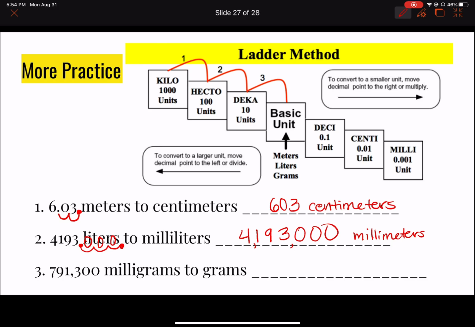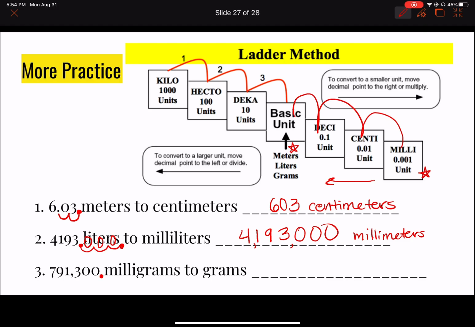Okay, last one, we got 791,300 milligrams. So we're going from milli to grams, which is over here. So now we're going backwards. We're actually going to the left this time, but still the same number of jumps. We go 1, 2, 3. And again, this one does not give you a decimal point. I know there's a comma there, but we're looking for a decimal.